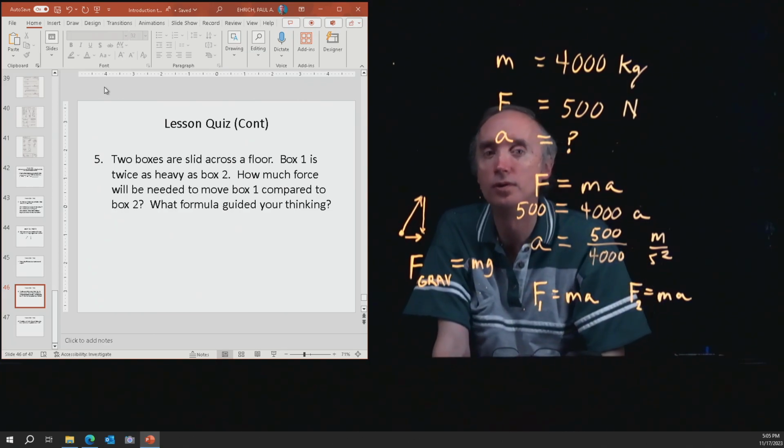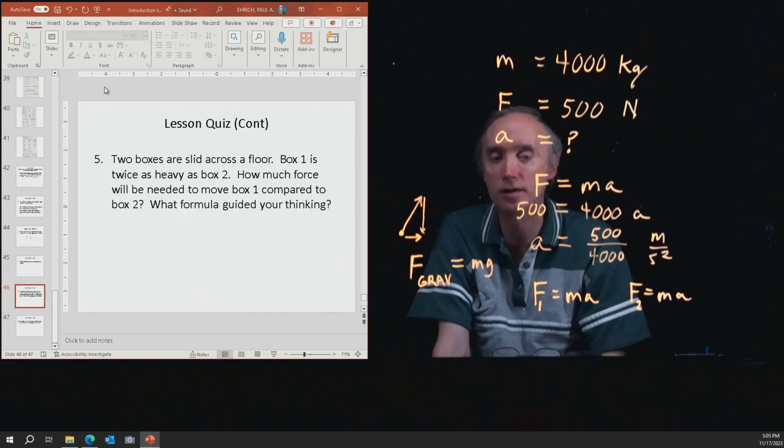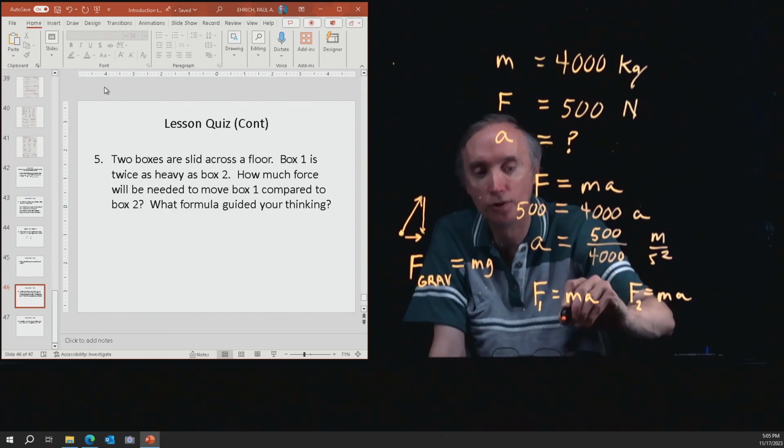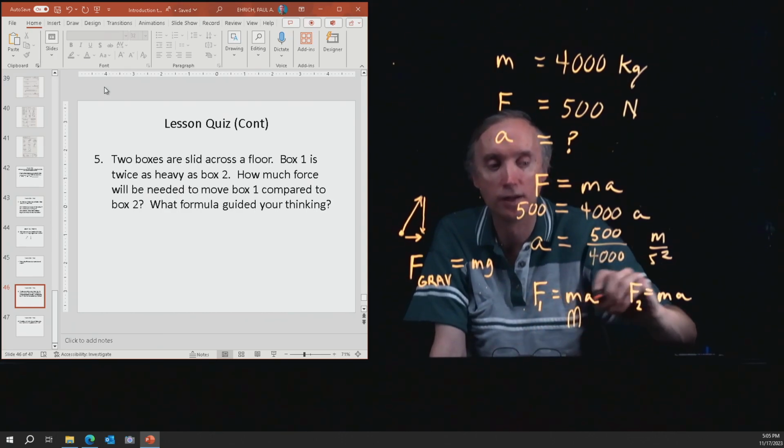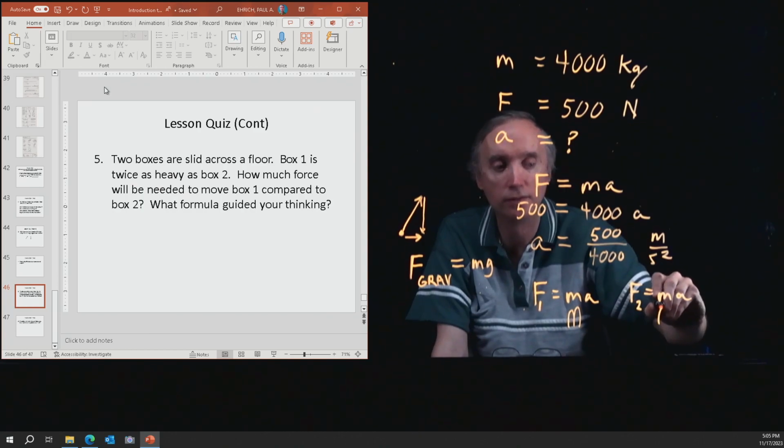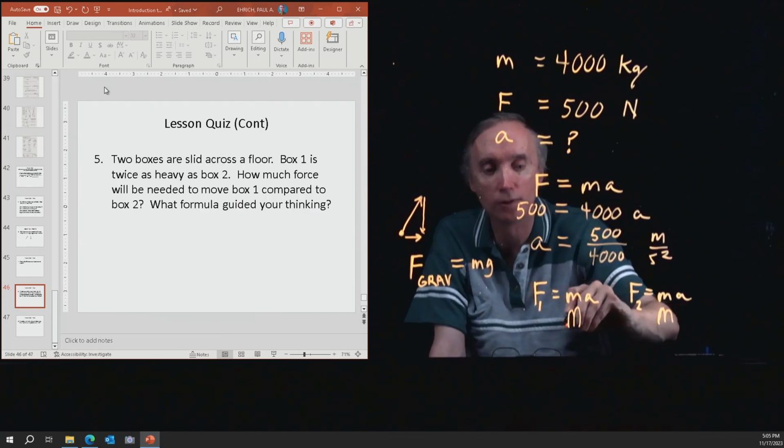We know that box 1 is 2 times as heavy as box number 2. So let's put a big M right there, and a little m here.